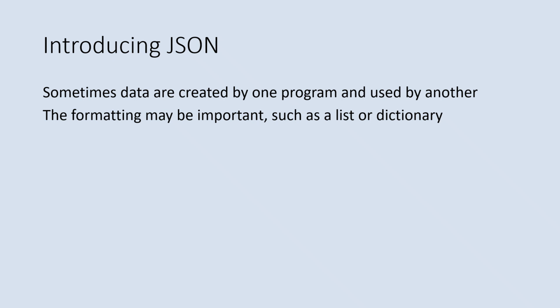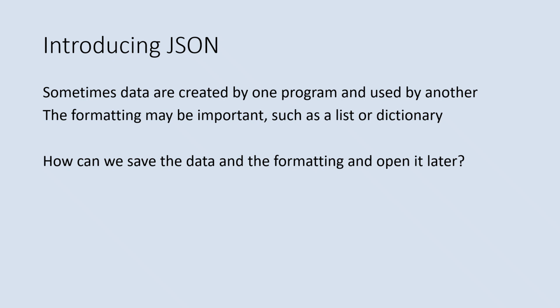And so the brackets and the commas and, in the case of a dictionary, the curly brackets and the colons, all of these things are vital and they have meaning. If we just write those to a file, then it all just comes back in as a string. So we want to be able to save the data and the formatting.